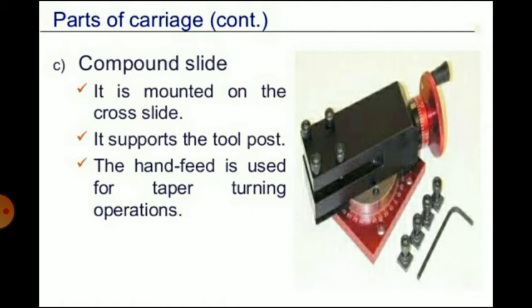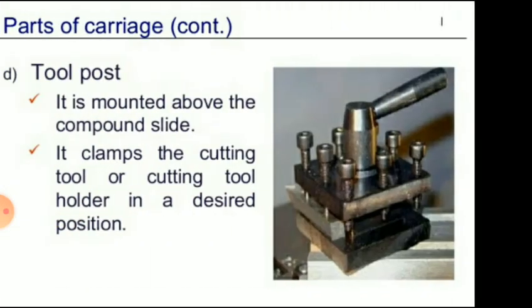It is used for obtaining angular cuts and short tapers, as well as convenient positioning of the tool to the work. There is no power feed to the compound rest, and it is hand operated. So by rotating the lever, you can move the tool at an angle to the lathe axis. That is the function of the compound slide.